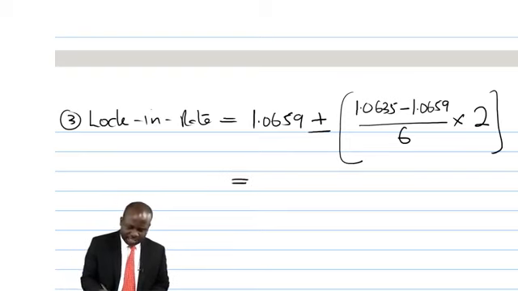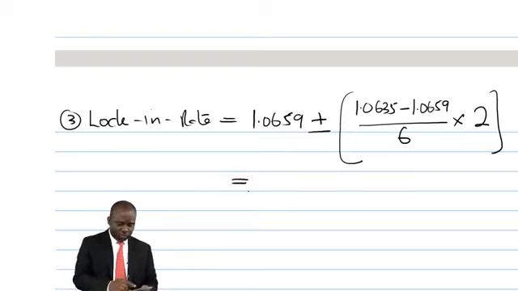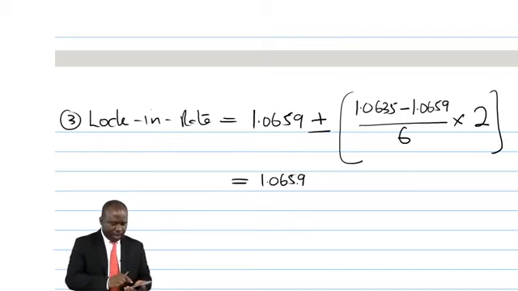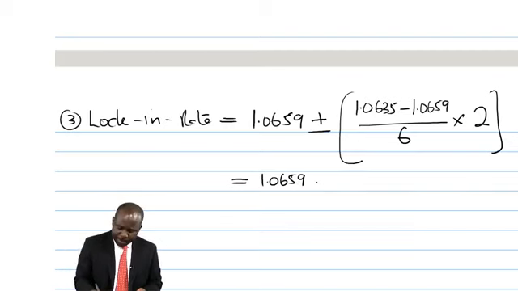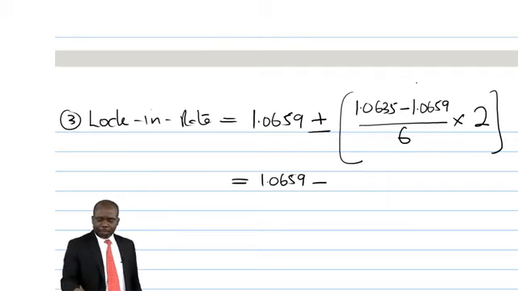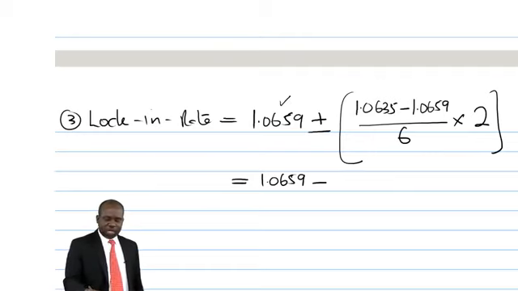And so, what is my lock-in rate? I will say 1.0659, then 1.0635 minus 1.0659, divided by 6 times 2, and that is giving minus, because the sum here is minus. If you get a positive figure here, you are adding to that. If you get a negative figure, you are deducting.